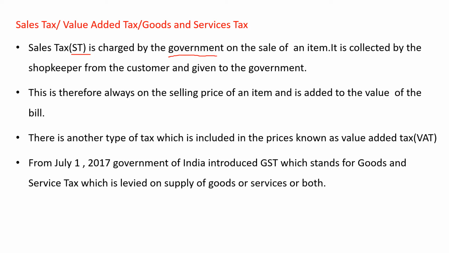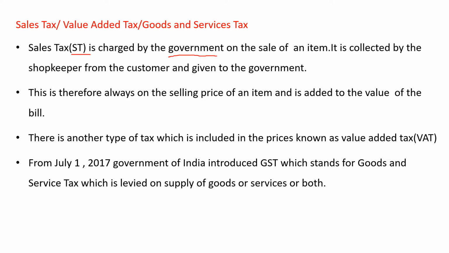For example, you are going to a shop, a stationery shop, and you are buying a bag, or a book, whatever. The shopkeeper will say one number. For example, you are buying one book, and the price is given as rupees 30.